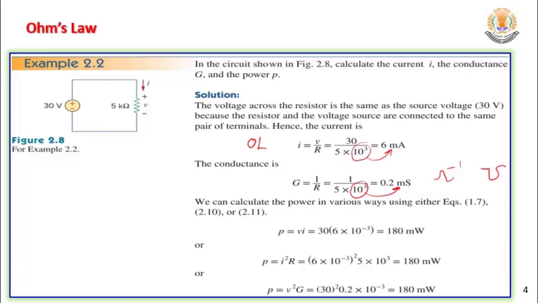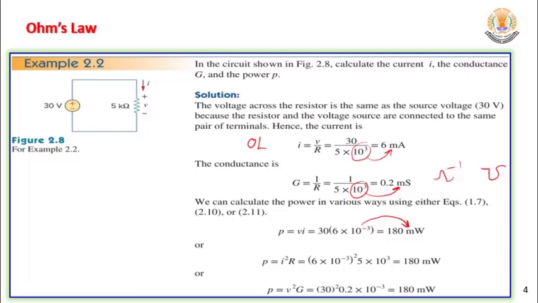Let's start. Power is VI. So V is 30, I is calculated 6 milliamp. So 30 times 6, you'll get 180, but remember 10 to the power of minus 3, which is converted to milliwatts. Clear? Can you get it by another method? Yes, as R I squared.